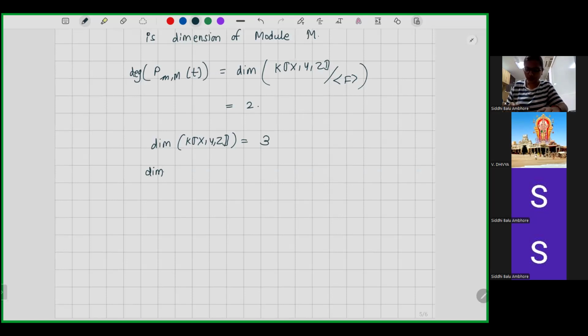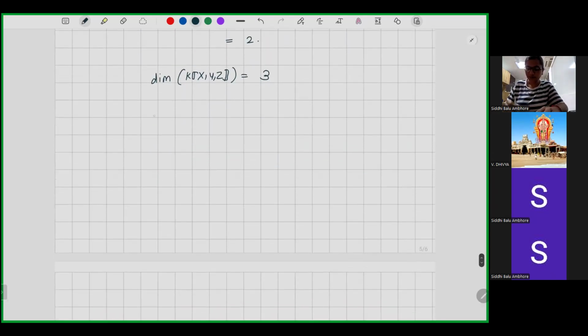As we did earlier, let me just write it down properly. I have this element f, right? When I go modulo, k, x, y, z quotiented by this f, or just consider this ring for now.